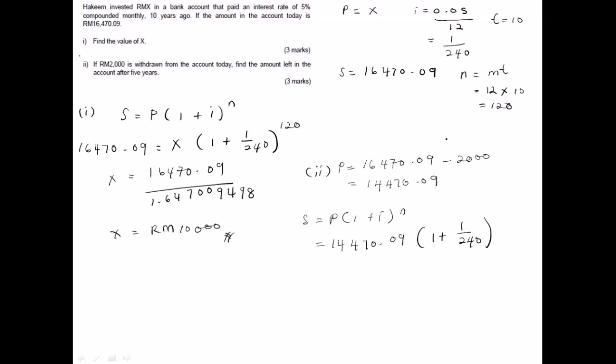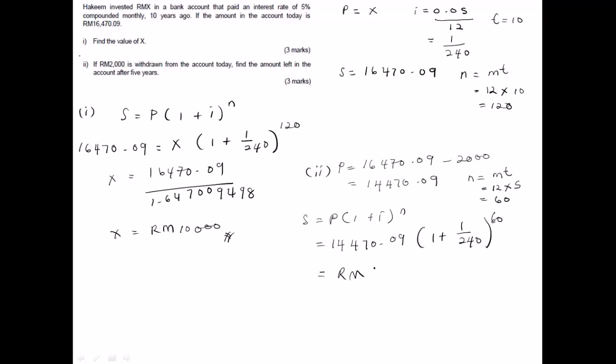Okay, N changes. Let's find a new N. N equal MT. M is still 12 because monthly, but T is 5. Okay, 5 years, 12 multiplied by 5, 60. Power 60.